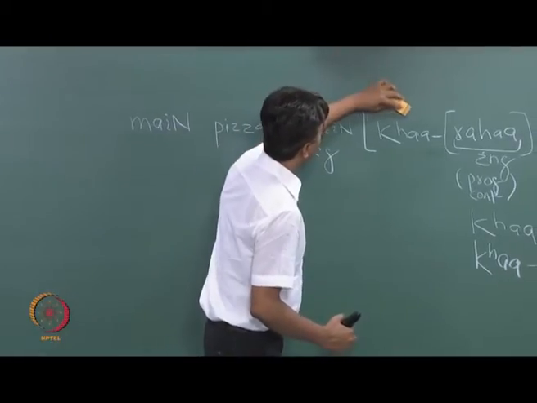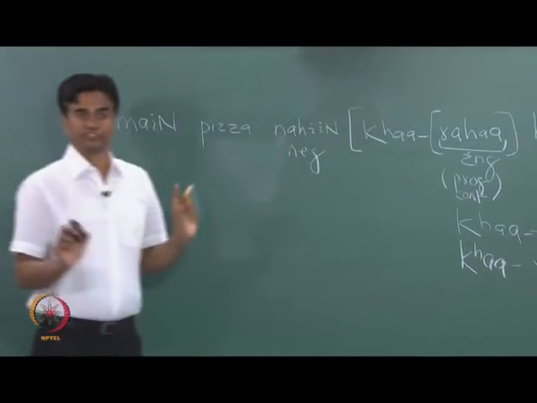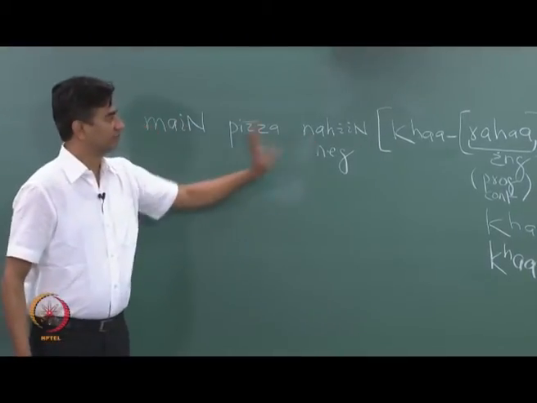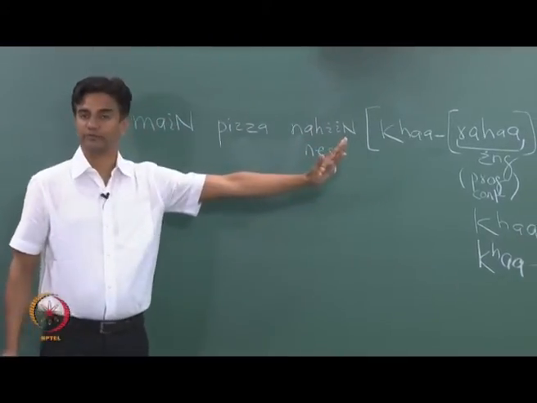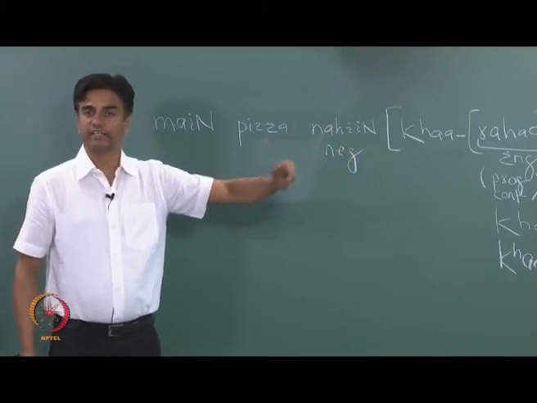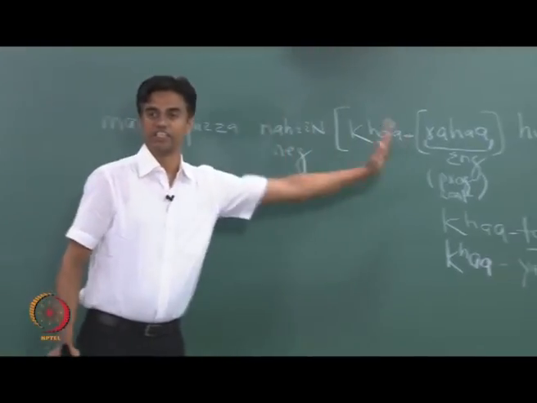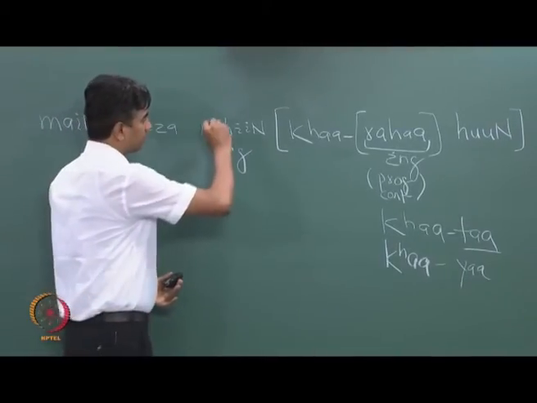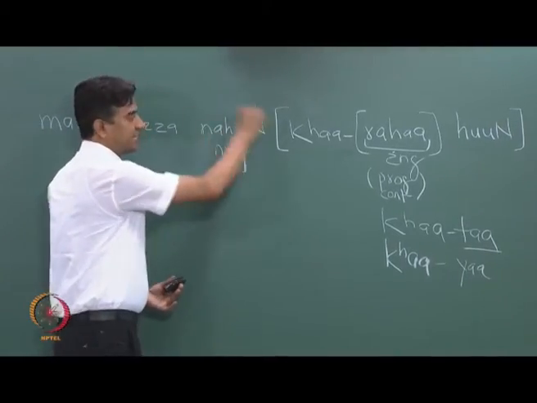Now we are talking about sentential negation only. Okay? Reading number 1. मैं pizza नहीं खा रहा हूँ. Not eating, where not is negating eating. It's possible. So here it's preceding the whole verb.